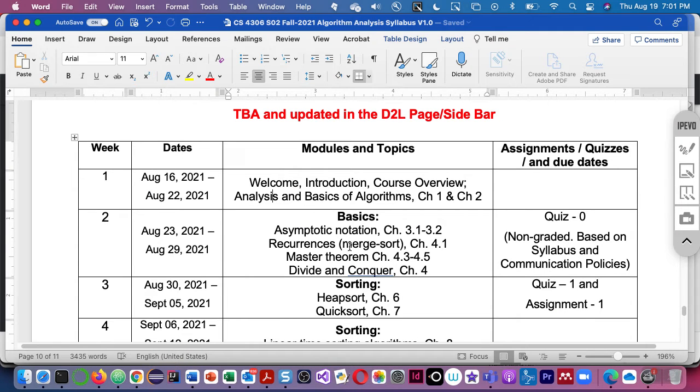So in today's lecture, this week actually, we are supposed to learn the introduction and basics of algorithms, chapters 1 and 2. That was the first part, chapter 1, and we discussed it.